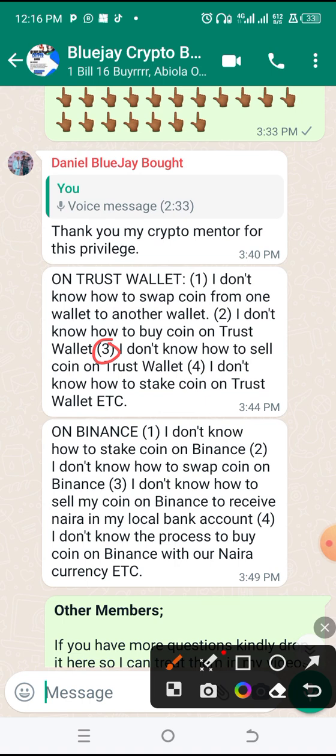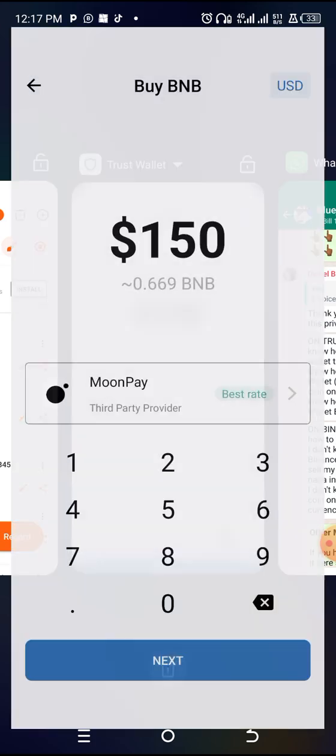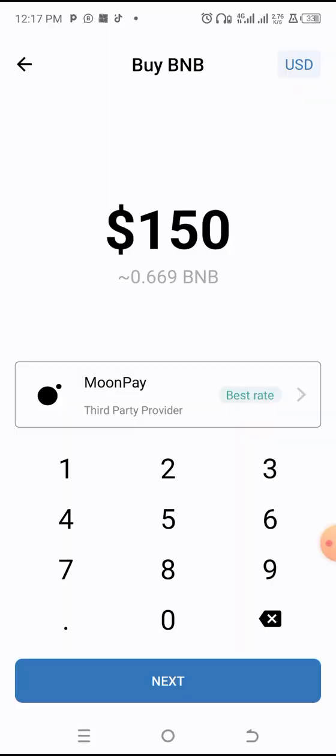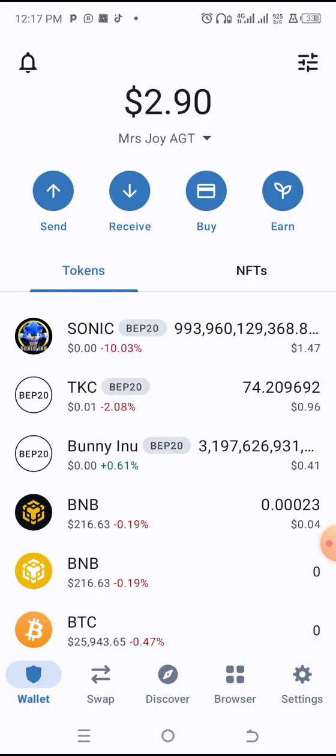I think there's staking, but I wouldn't advise you doing all of this on Trust Wallet, because their gas fees and all that will take bulk of your money. Okay, let's take the third question, which said, I don't know how to sell coin on Trust Wallet. What do you mean by selling coin on Trust Wallet? Let's check their platform again.